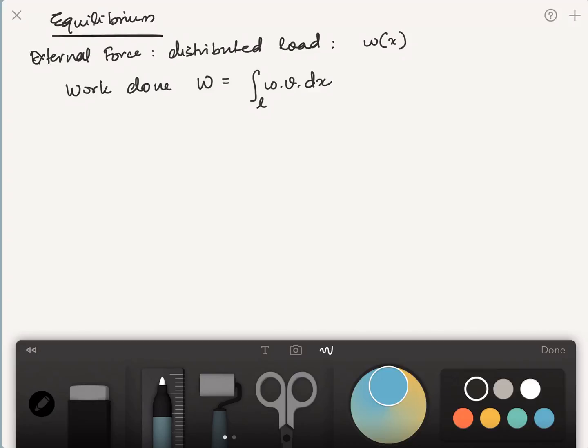Now you may also have realized that in a pure bending beam you also cannot have forces that are acting axially.